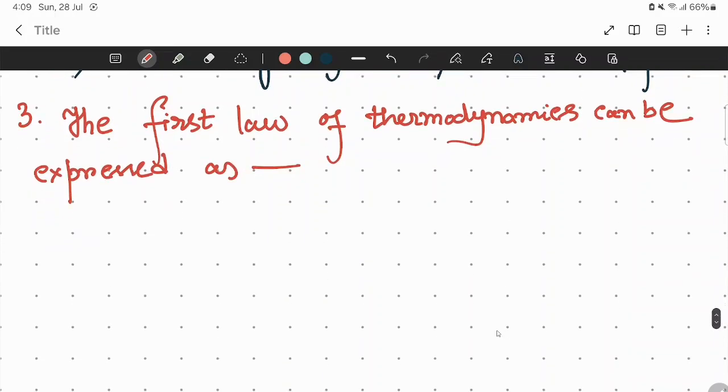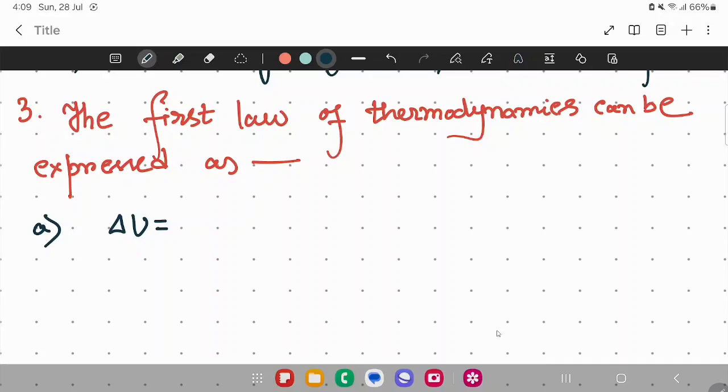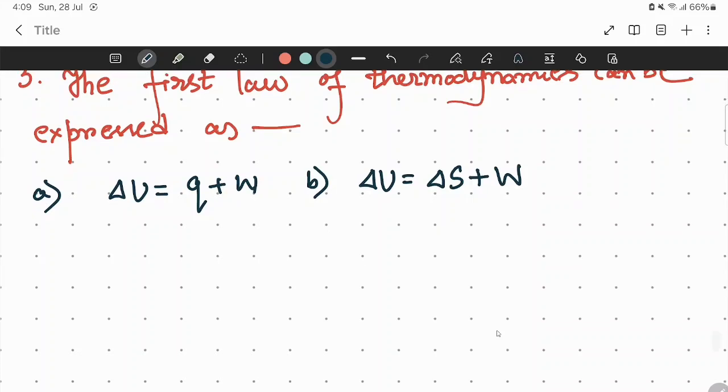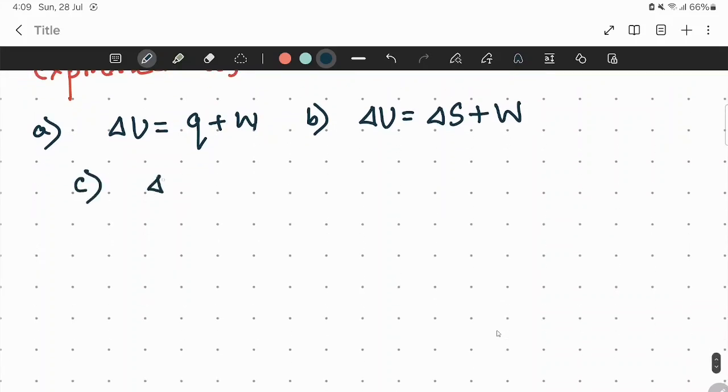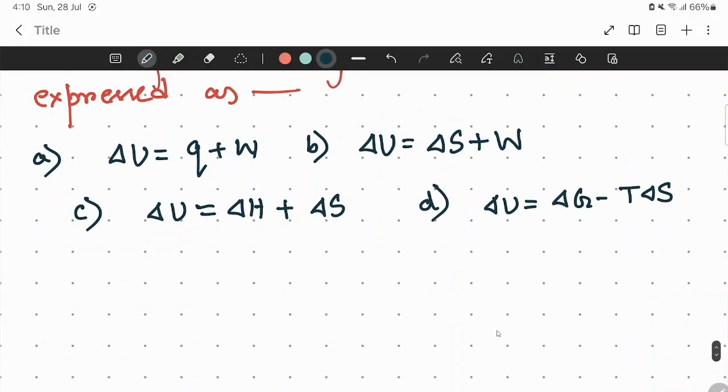So, first law of thermodynamics can be expressed as, provided options are: delta U equals Q plus W. Option B is delta U equals delta S, entropy change, plus W. Option C, delta U equals delta H plus delta S. And option D, delta G minus P delta S. So what will be the answer?